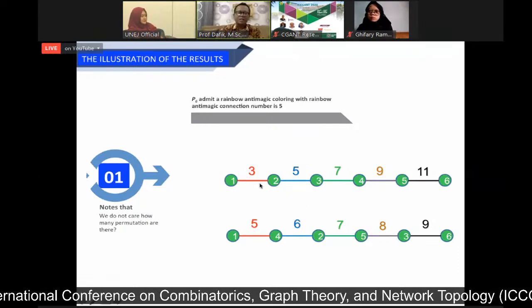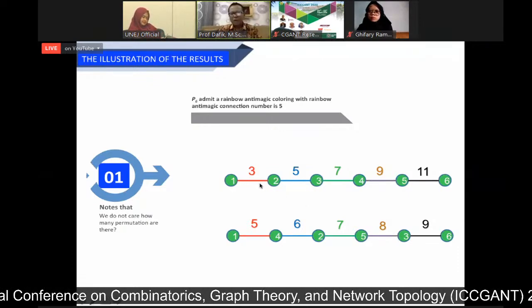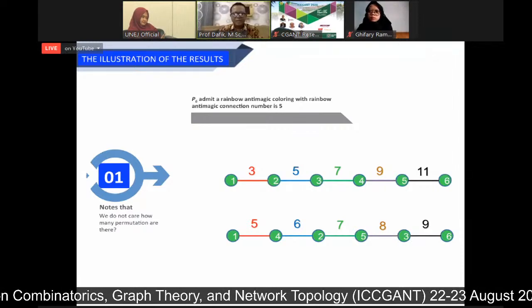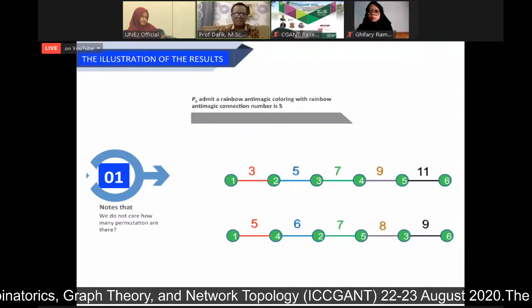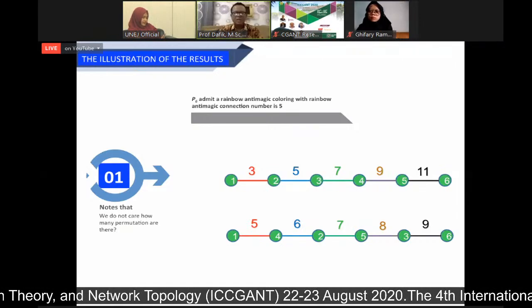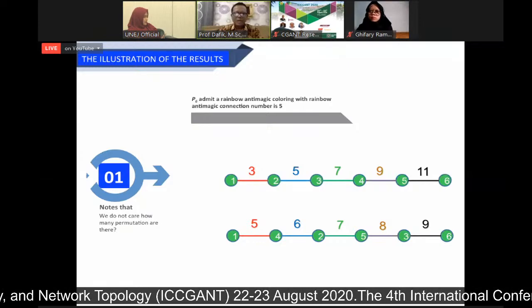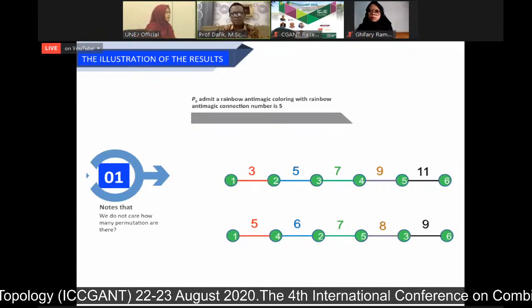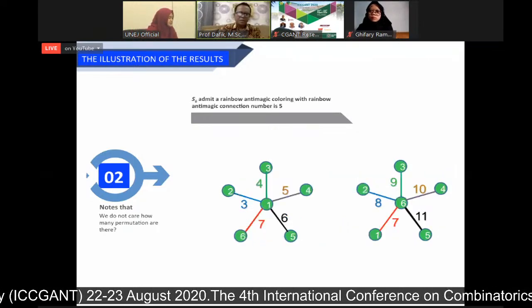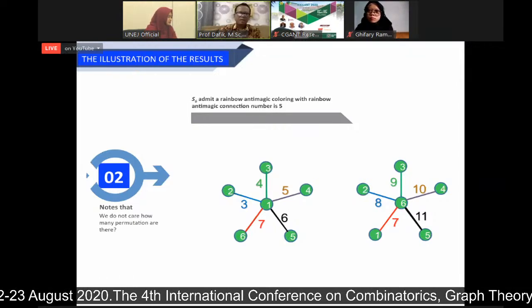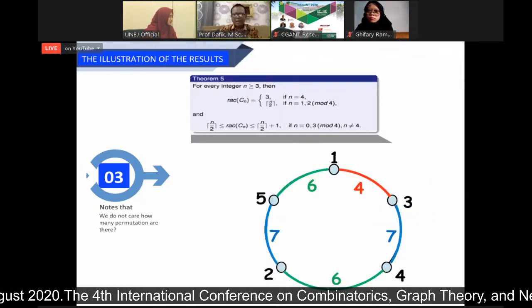If we assign the label on the edges as well, and the edge weight considers the addition of the two adjacent vertices, including one edge, then we consider this the total rainbow anti-magic label. So this one is for the star that we have, and this one for a cycle.